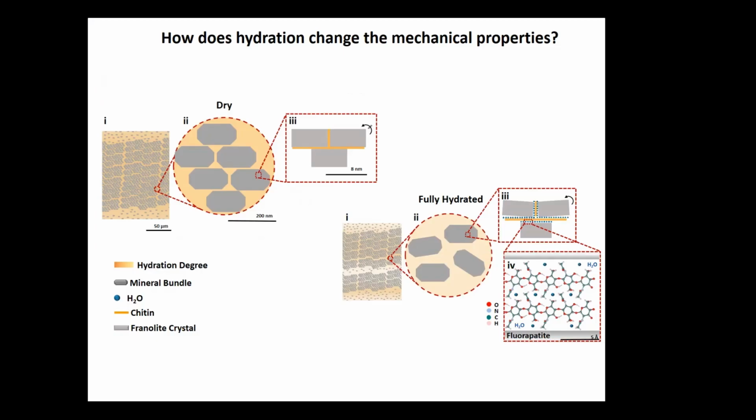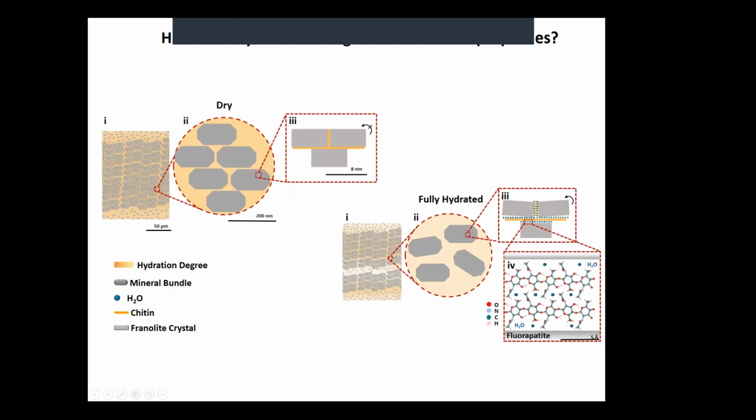So this is a scheme now that basically summarizes. We have the structure of the shell at the nanoscale, which is made of these francolite crystals that are about 10 nanometers in size. They are associated with chitin, and they're all organized into these rods that are embedded in organic material.